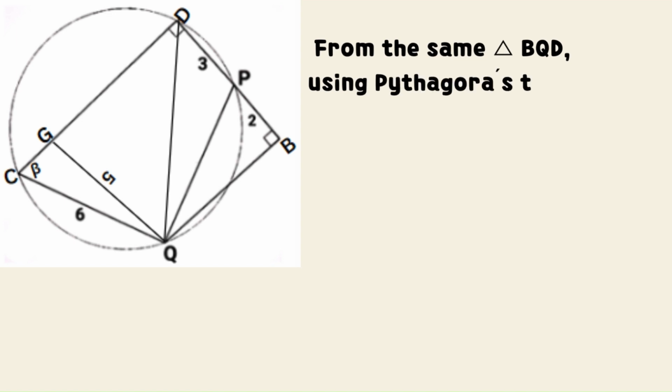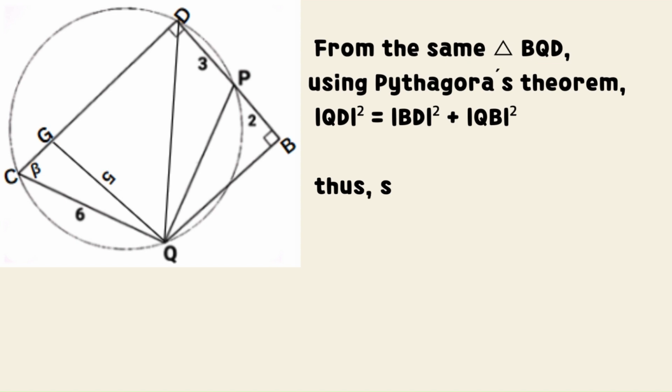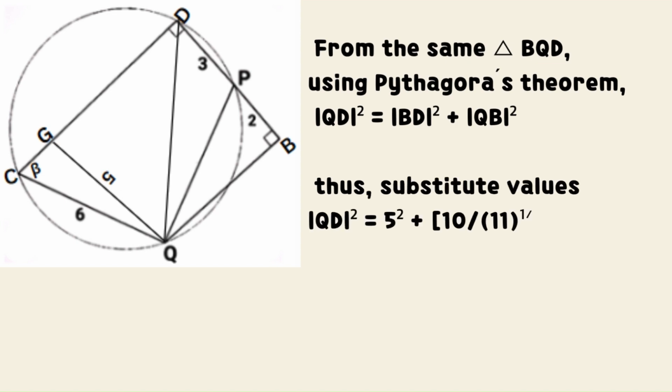From the same triangle BQD, using Pythagoras theorem, the square of line QD equals the sum of the square of line BD and the square of line QB. Thus, substitute values obtained and we have that the square of line QD equals 375 divided by 11, which we call equation 1.